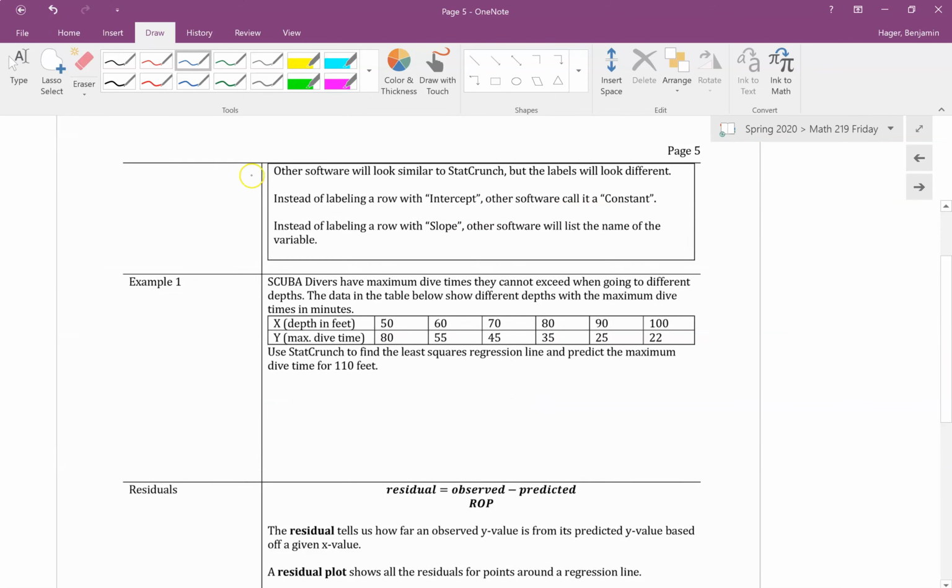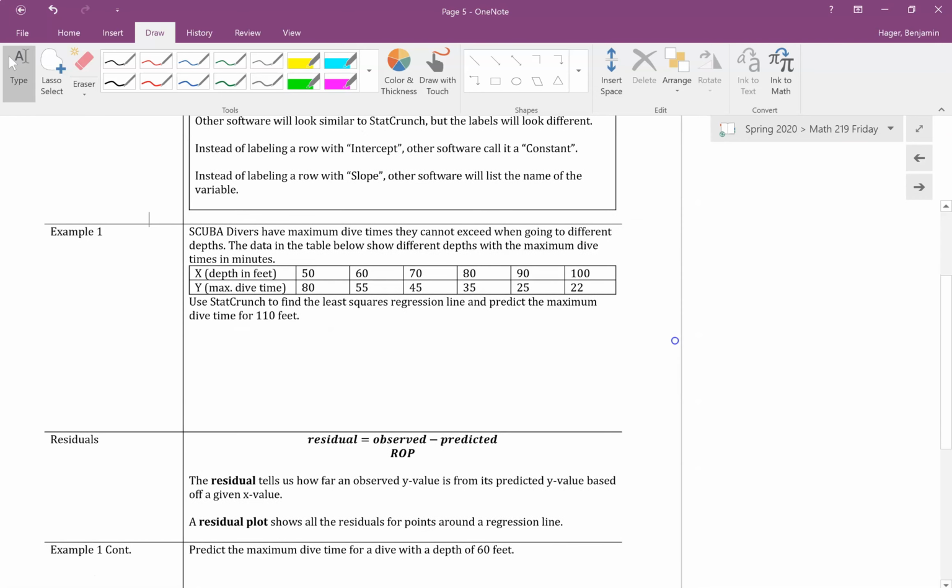This is talking about how software other than StatCrunch may use different names and labeling, and again, there's always a slightly different way to do it depending on what bit of technology you're using, but they're all doing the same thing. So let's take a look at this data here. Scuba divers have a max dive time they cannot exceed when going to different depths. The data in the table below show different depths with the max dive time in minutes associated with them.